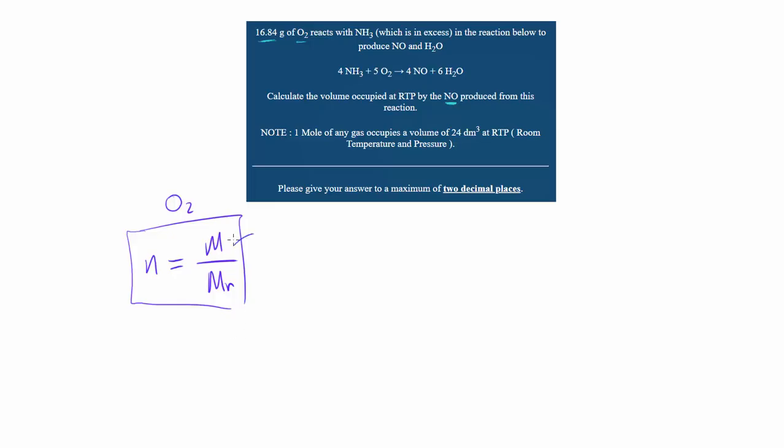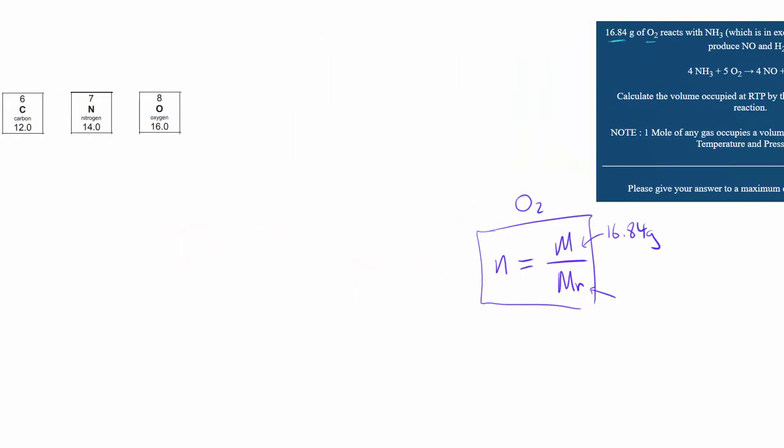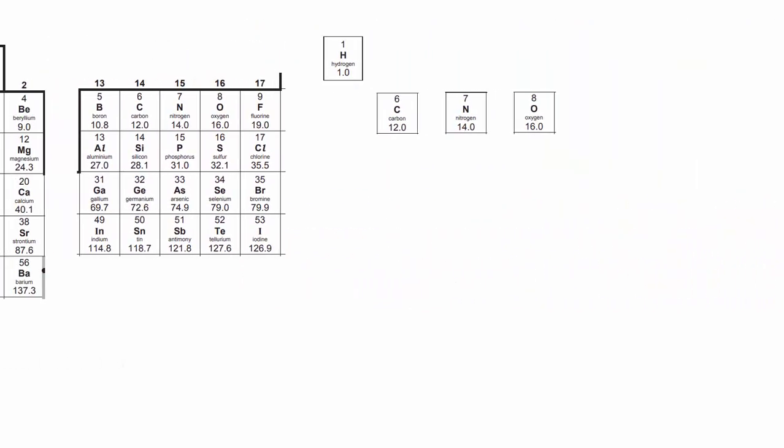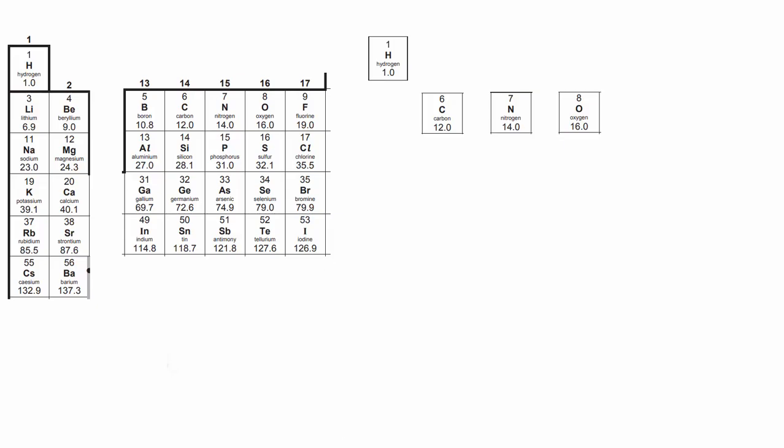We know that the mass is given in the question, so that's going to be 16.84 grams. But the molar mass we have not been given. What we do have is the formula for oxygen, so we can use the periodic table to work out the molar mass. For oxygen, the relative atomic mass is 16.